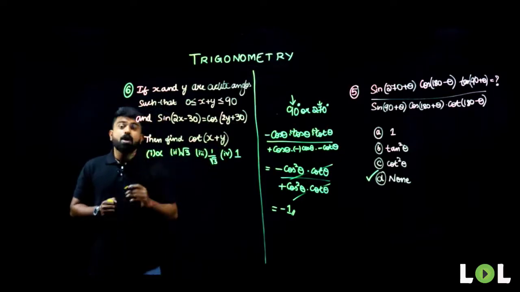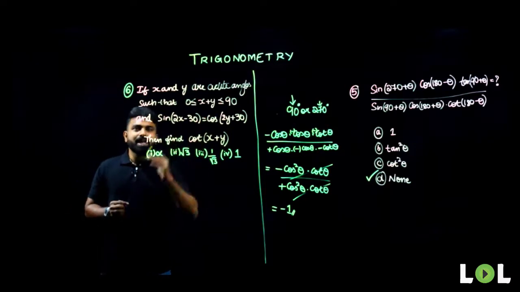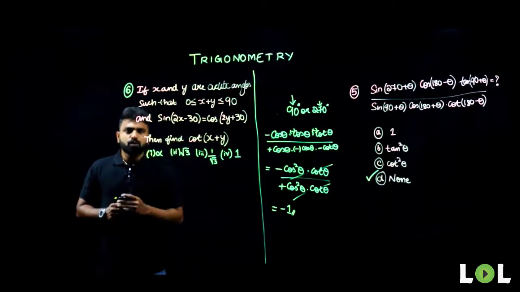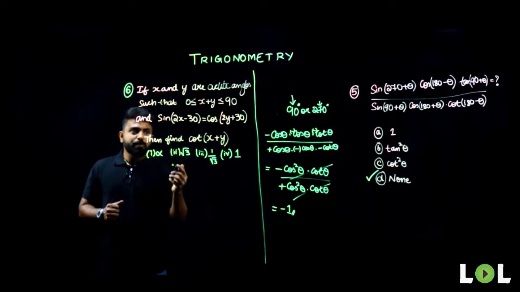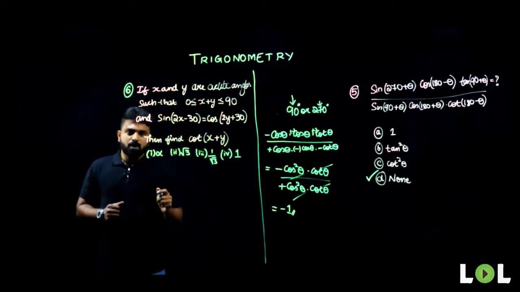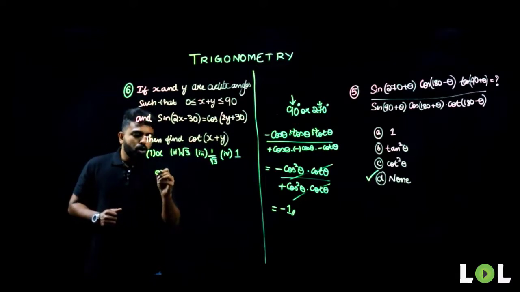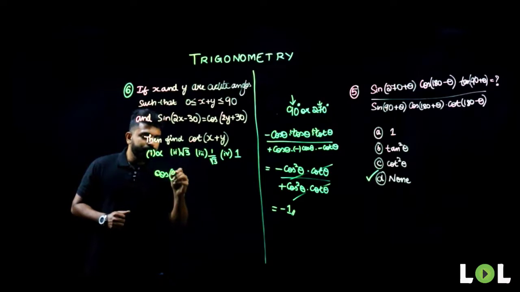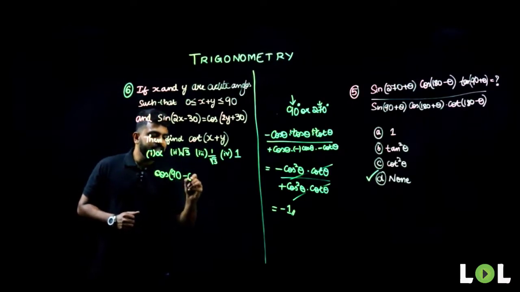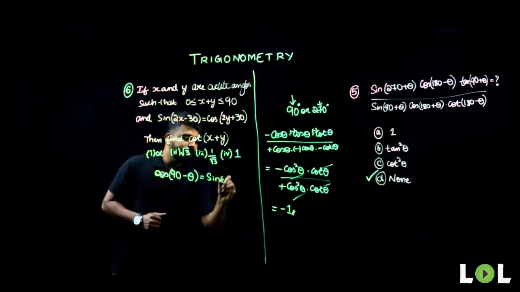How do we go about this? In my left hand side, I have sine, and in my right hand side I have cos. So what do I need to do for my first step? I need to convert either sine to cos or cos to sine. How do I do that? I know that cos of 90 minus theta will be equal to sine theta.